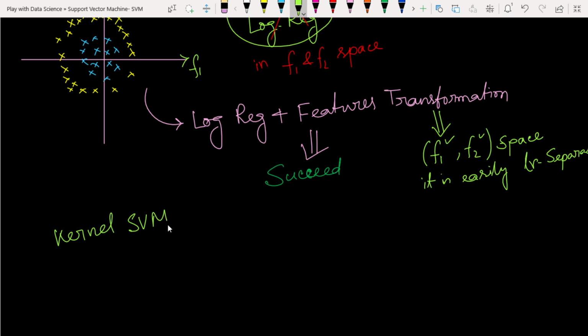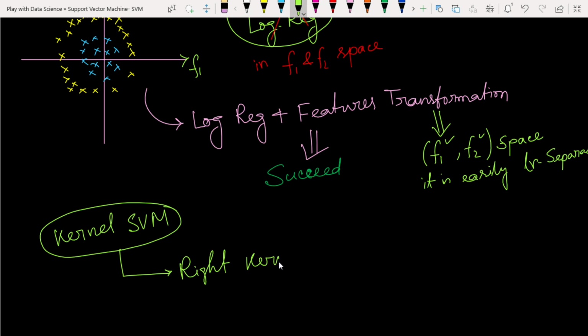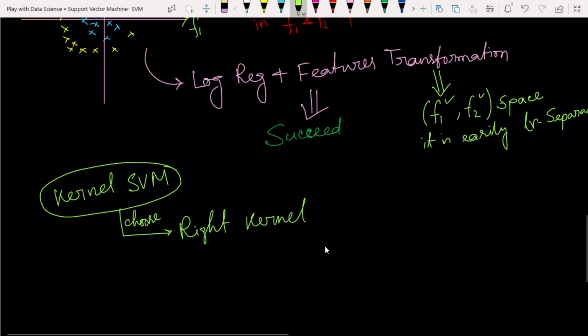In kernel SVM, by simply choosing the right kernel, it is possible to find the correct hyperplane to separate this nonlinear data.